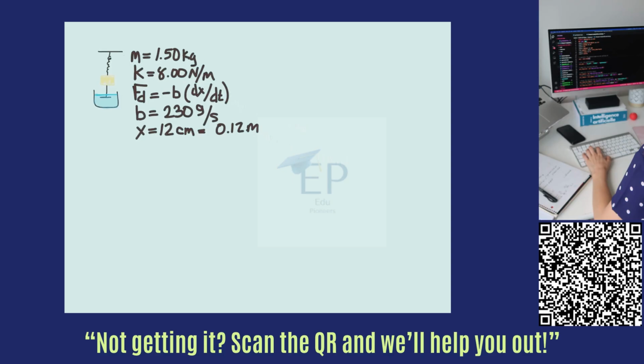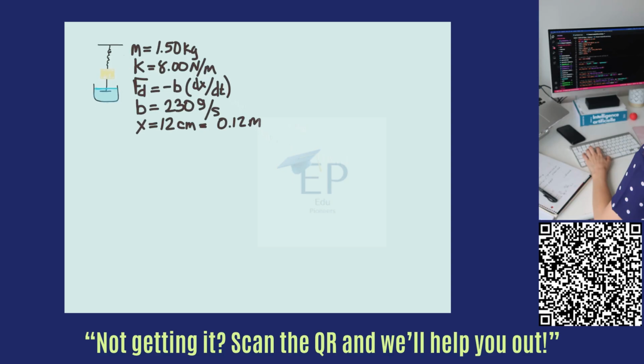Okay, so our initial amplitude can be given by the equation x(t) equals our amplitude times cosine of omega t plus phi.